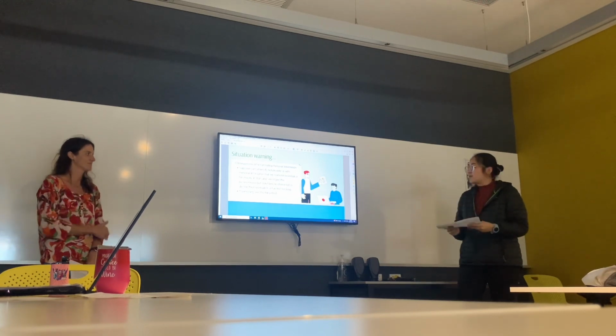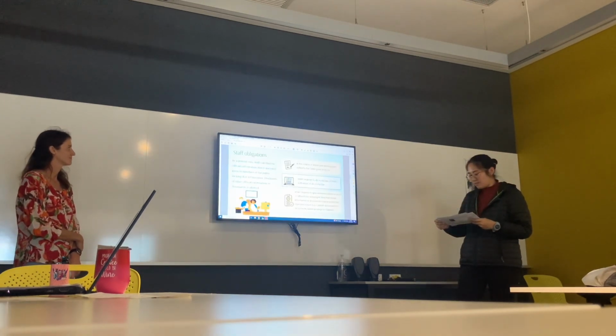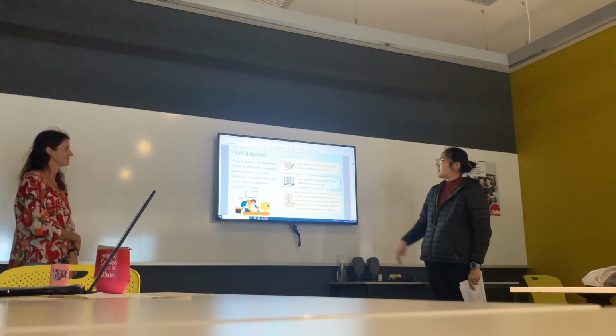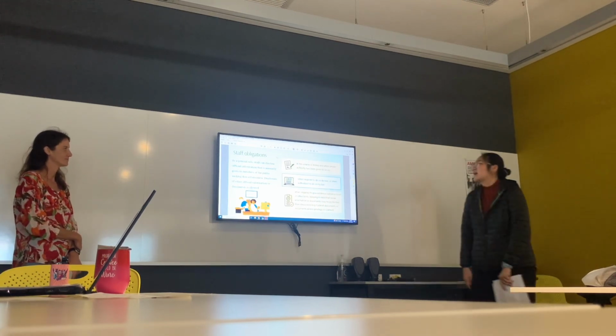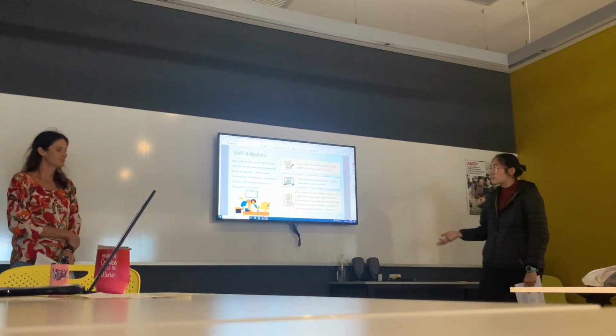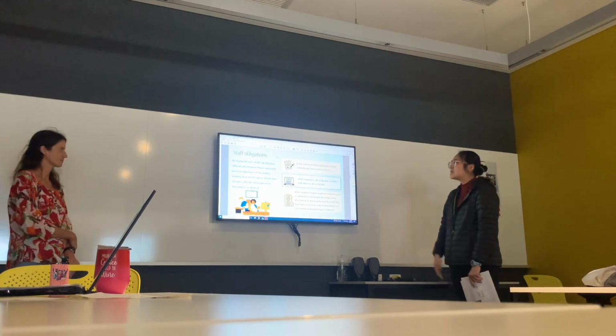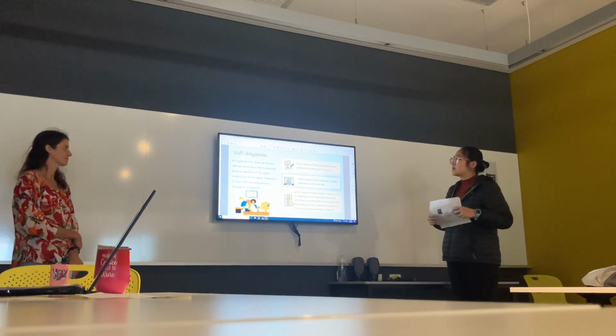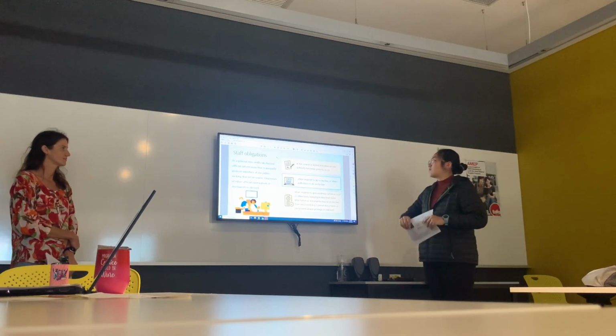Next one, thank you. Okay, we have staff obligation on this slide. As a general rule, staff can disclose official information that is normally given to members of the public seeking that information. Disclosure of other official information or documents is allowed in three cases.